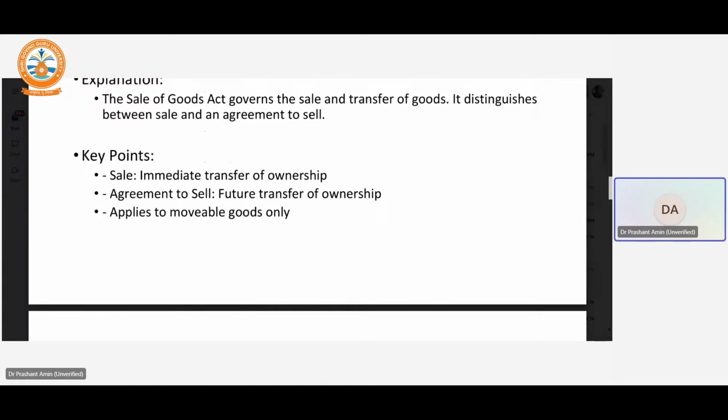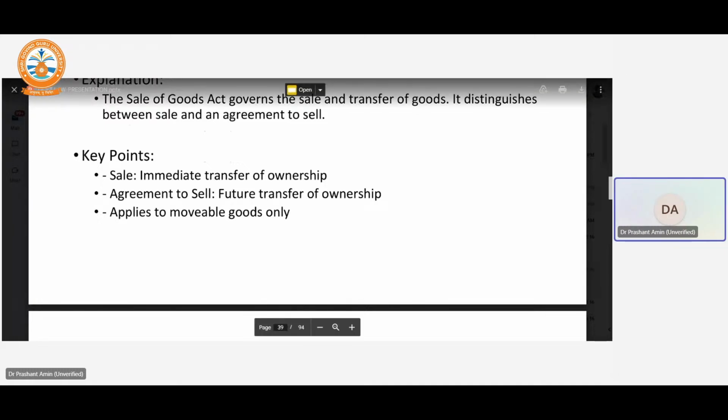In legal language, we say it is just an invitation to offer. When you enter the shop and agree to purchase, and the seller agrees to sell, that relationship is called an agreement to sell.